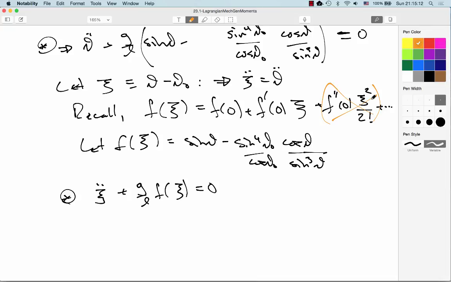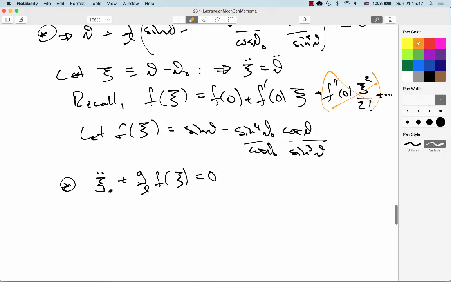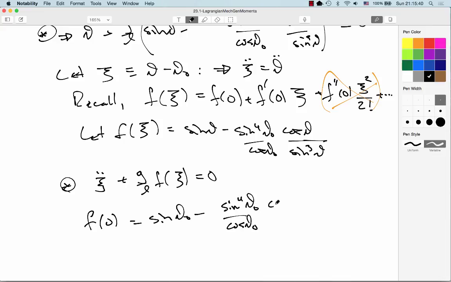Getting the first derivative is a bit of a mess. So let's just go ahead and evaluate our f naught first. That one's not so bad. That's sine theta naught minus sine to the 4 theta naught over cos theta naught times cos theta naught over sine cubed theta naught.